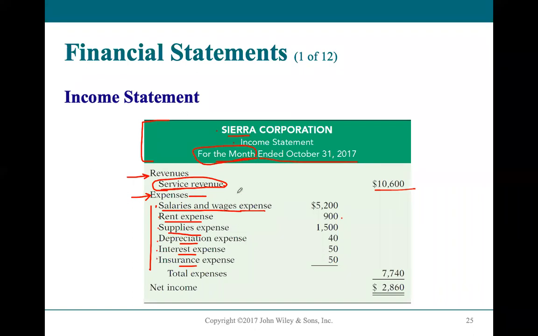And what you're learning are the specific accounts. Service revenue is a specific account. Salaries and wages expense is a specific account. And here's the advice: you can't do accounting without knowing the accounts. So it's important for you to spend some time becoming familiar with the names of the accounts. And these are the names right here.